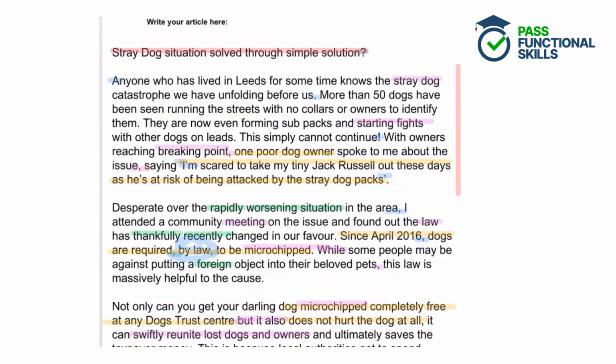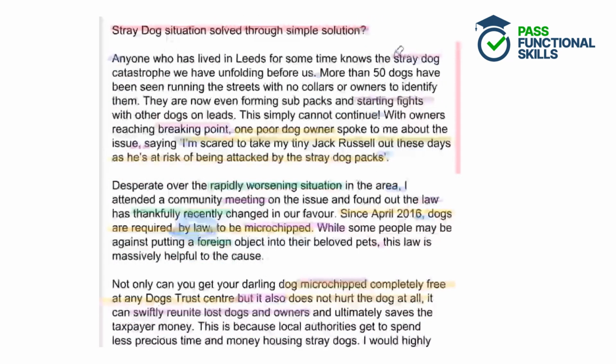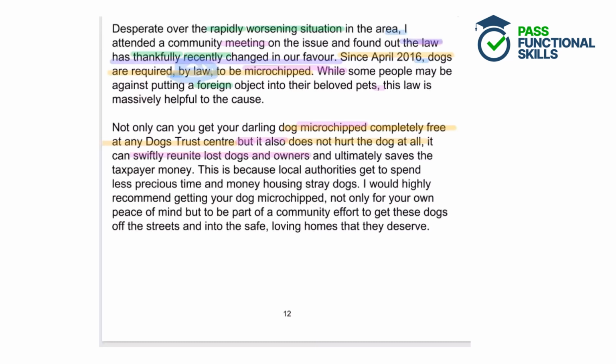So we have an explanation of the stray dog problem, and then we have our opinions about the law, saying the law has thankfully recently changed in our favour. So that word "thankfully" is suggesting that they agree that the law is a good thing. And then finally we have a persuasive explanation of why they think dog owners should agree with them.